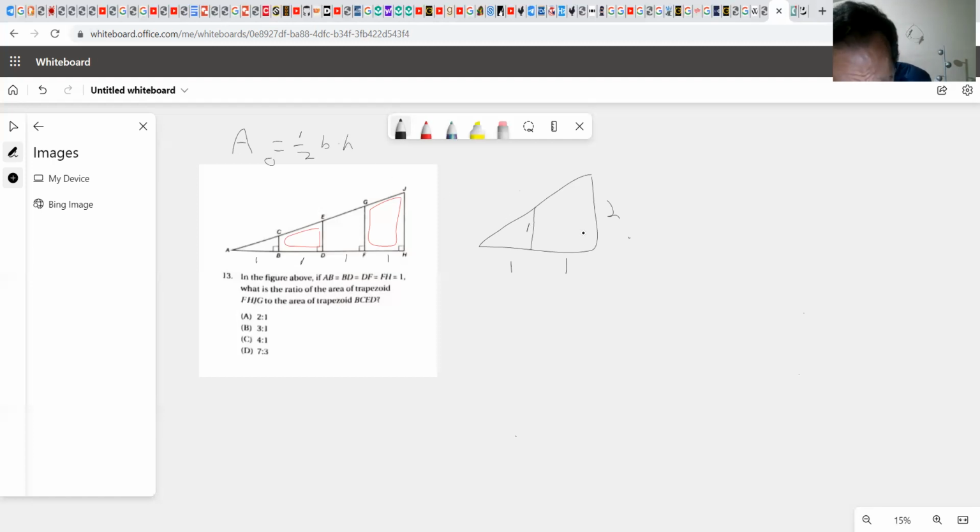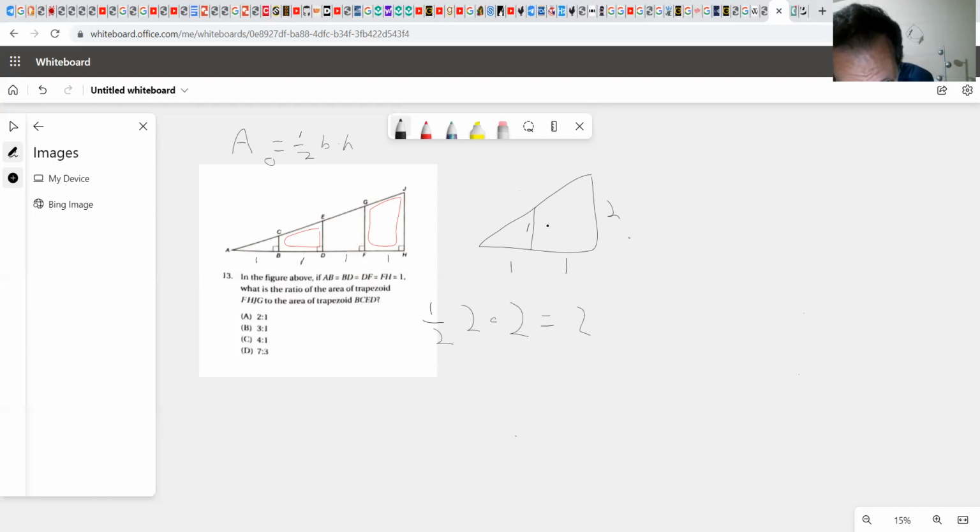So let me do this bigger triangle. 1/2, and then the bigger base, 1 plus 1 is 2. So 1/2 times 2 times 2. If you multiply that out, 1/2 times 2 is 1, and 1 times 2 is 2. So the area of this bigger triangle would be 2, right?